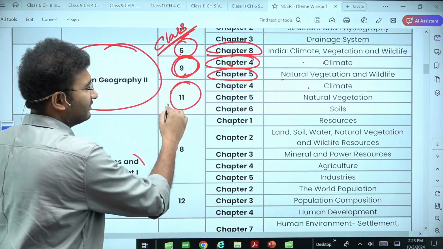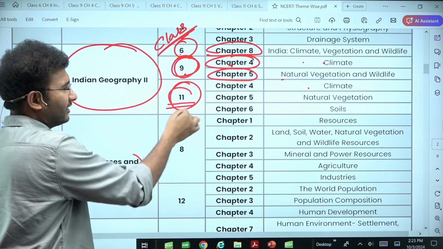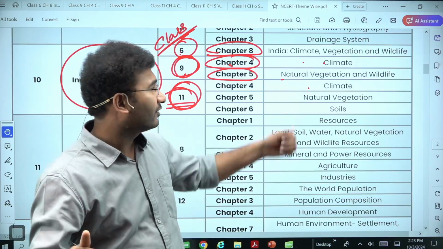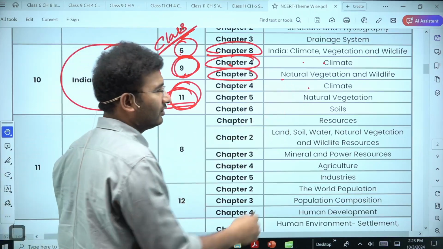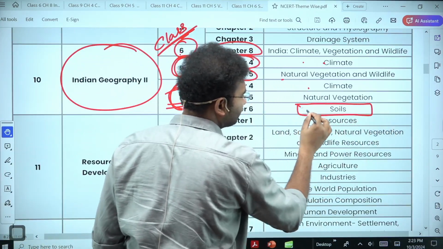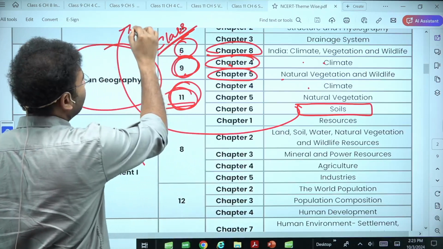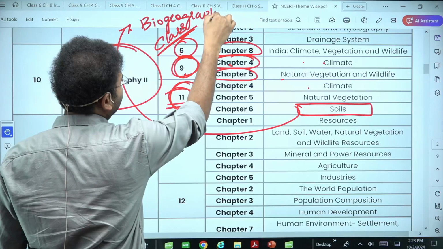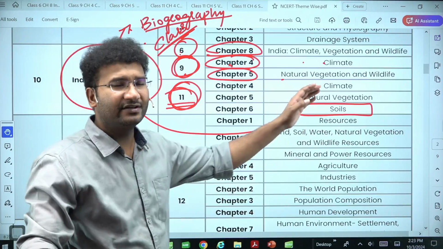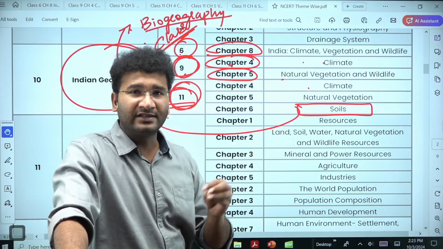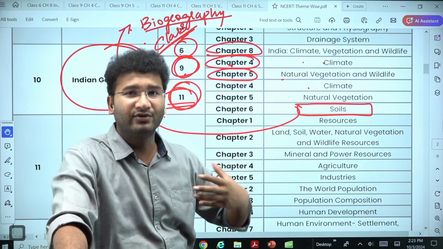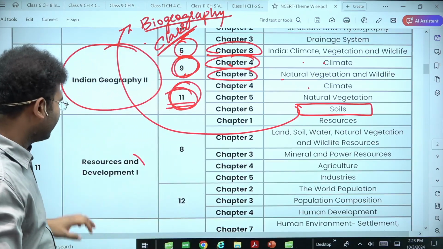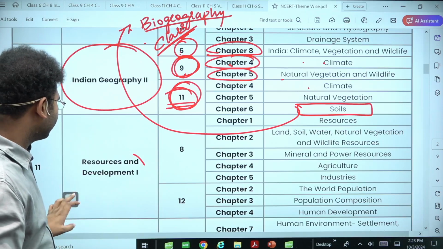And coming to the next theme, that is Geography of India, in class 11, chapter 4, chapter 5 and chapter 6 deal with climate, vegetation and soils. As you have already seen the different types of soils, these soils we have already covered in detail in the biogeography. We have kept it here so that you will have an understanding. Once again, if you read this chapter, you will have a beautiful understanding now. So broadly, we shall be covering India and its climate in detail, vegetation and climate.